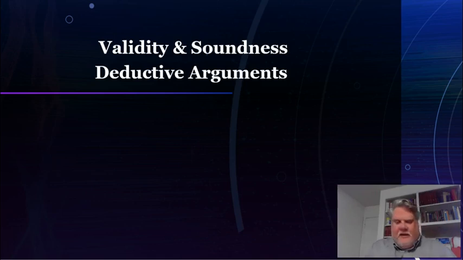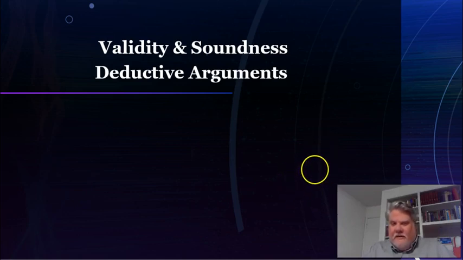So please pay close attention in this video and take notes, and there's going to be some other readings and maybe even other videos to help you along with these important ideas. So let's talk about validity first. And again, this applies to deductive arguments only. Only deductive arguments can be valid or invalid, and only deductive arguments can be sound or unsound.